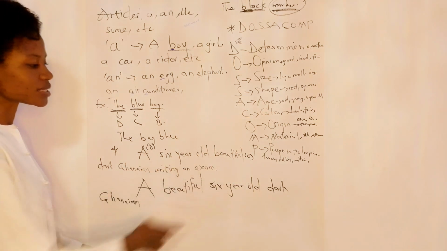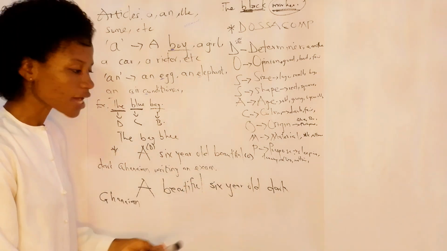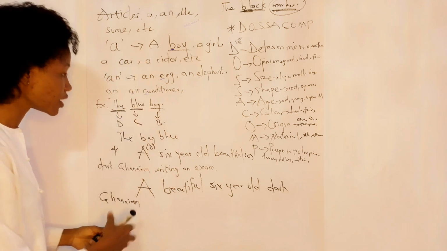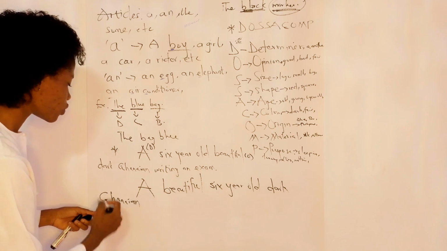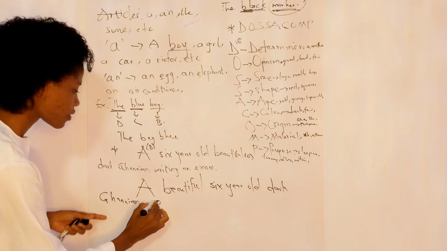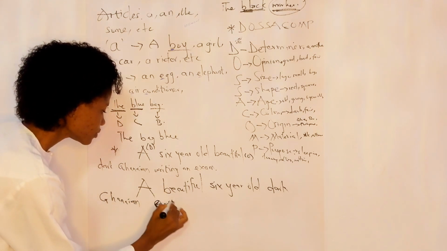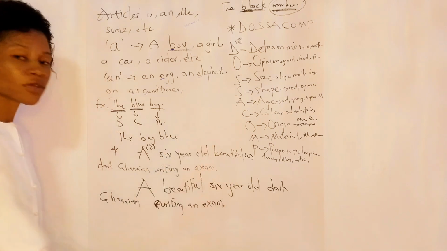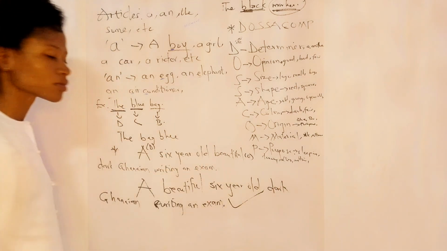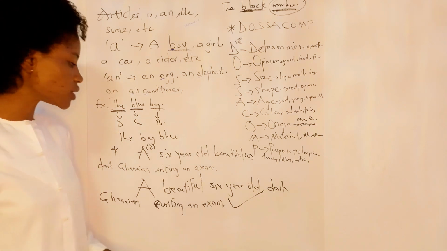You just have to add it because you're done with your determiner and your order of adjectives. So a beautiful 6-year-old dark Ghanaian writing an exam. You're done. That's the correct order of adjectives.